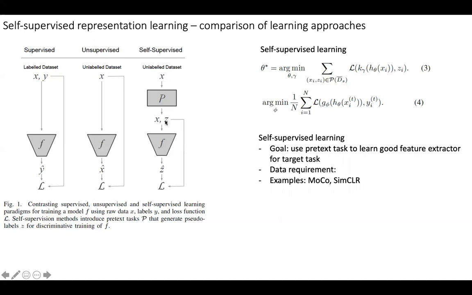Basically, we construct a labeled dataset, and then we use this constructed labeled dataset to train a feature extractor and also a task head for this particular task. And the end goal of this approach is just a feature extractor. This feature extractor, once it's trained, will be used in the downstream tasks.